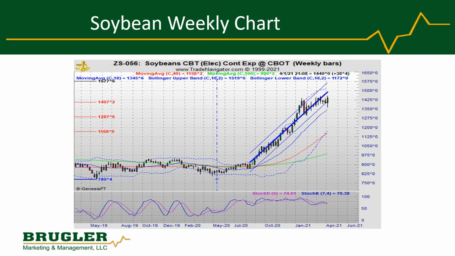What have the bean futures been doing? Well, we've had that same rising regression channel since last August that we saw on the corn. The rising tide has been lifting all the boats. You'll notice that on the left here, we've got some retracements. That 1407 is the 61.8% Fibonacci retracement of the decline from the 2012 all-time high, $17 and change.